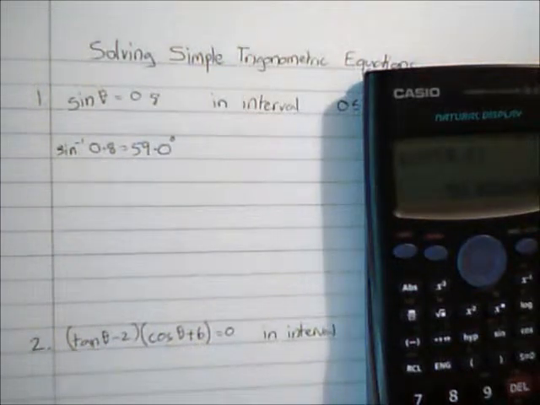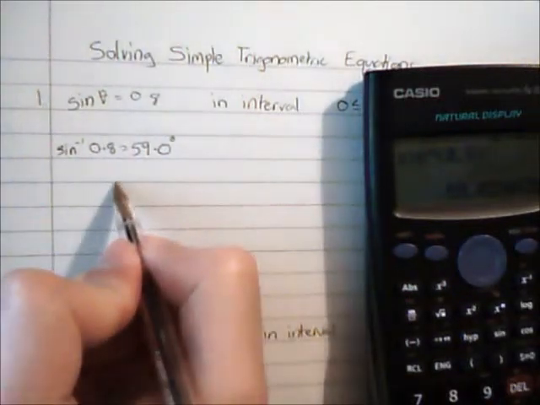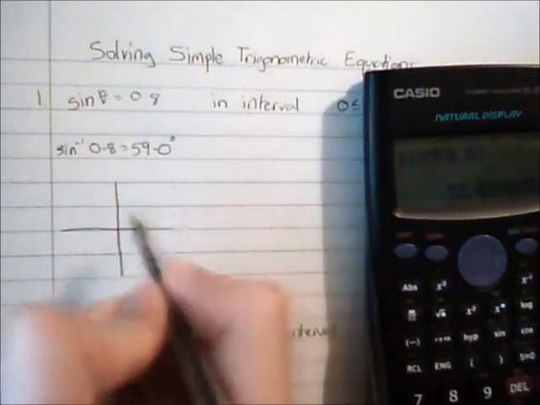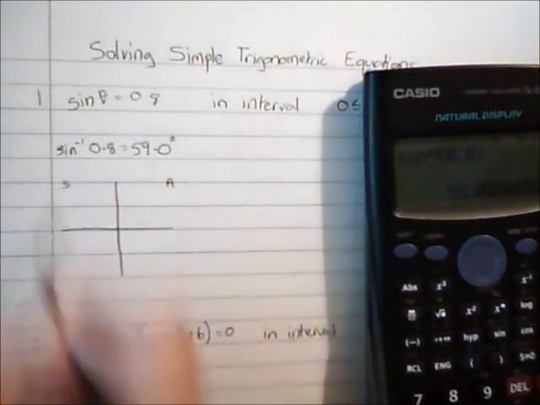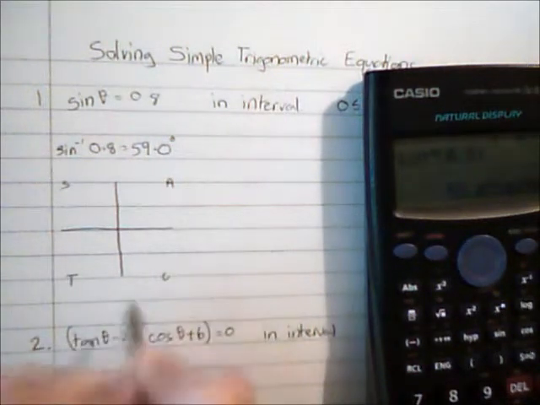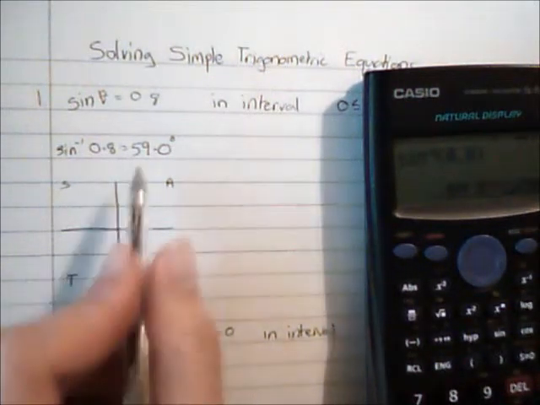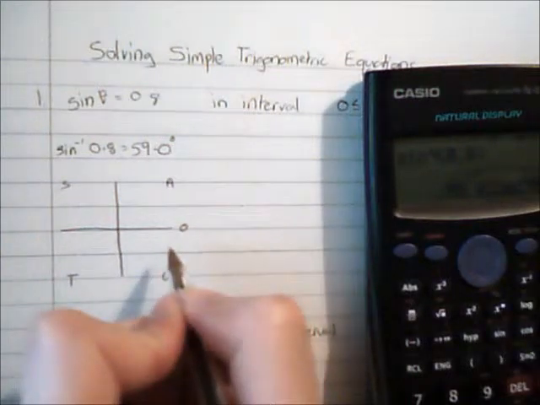Well, what I'm going to do here is I'm going to do an angle diagram. And I'm going to mark on my letters that tell me which ratios are positive in which quadrants. And I'm going to mark on this 59-degree angle.